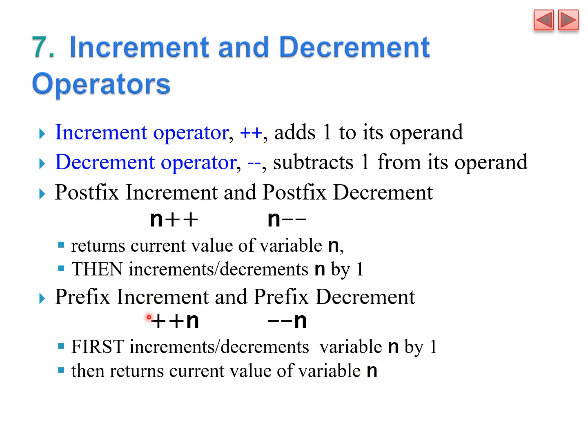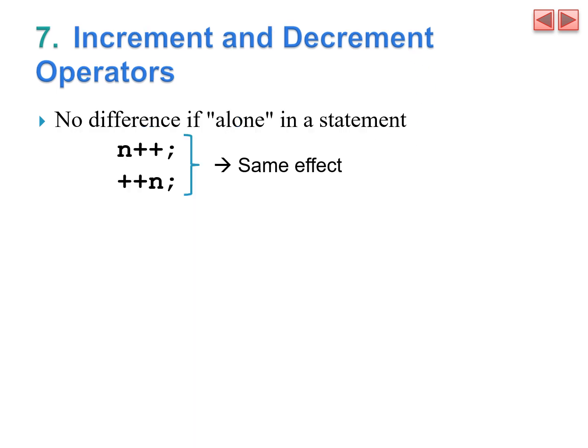So that means that the value of this expression is the value of n after being changed, that is, after being increased or after being decreased. Note that the postfix and the prefix versions of an increment or decrement operator have the same effect if they are used alone in a statement.